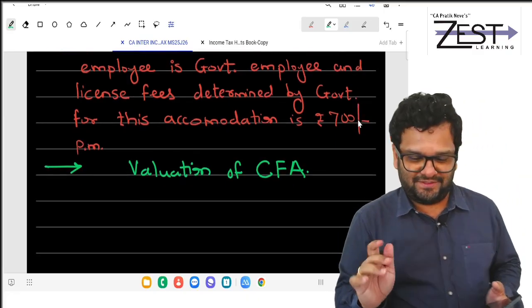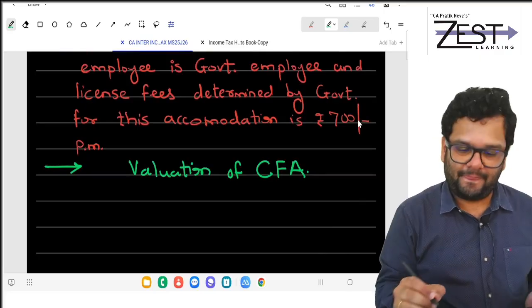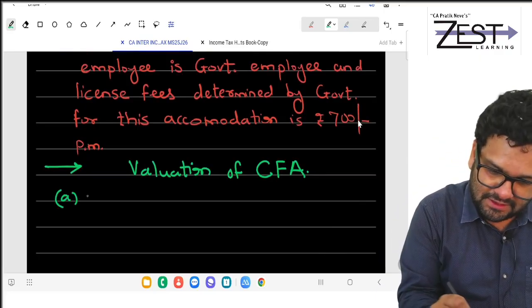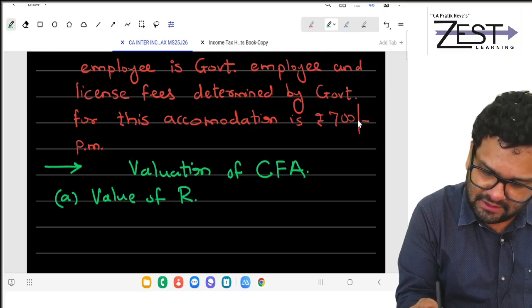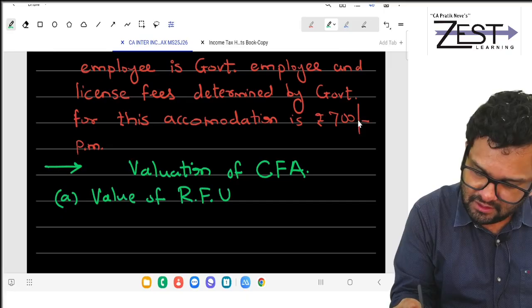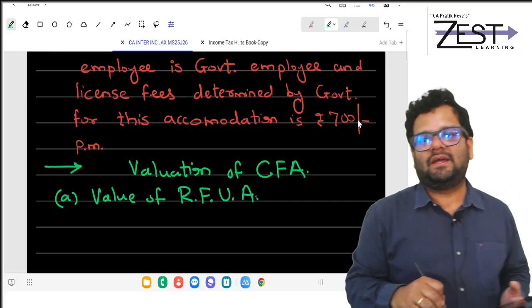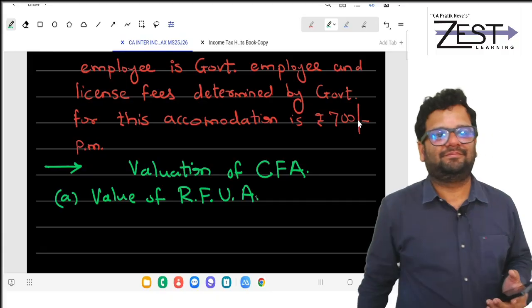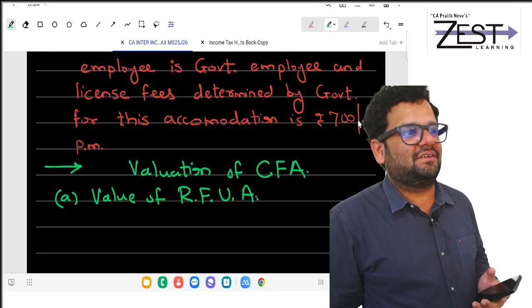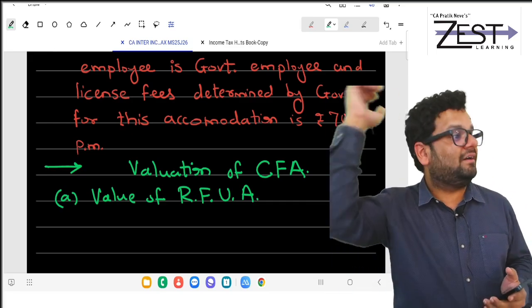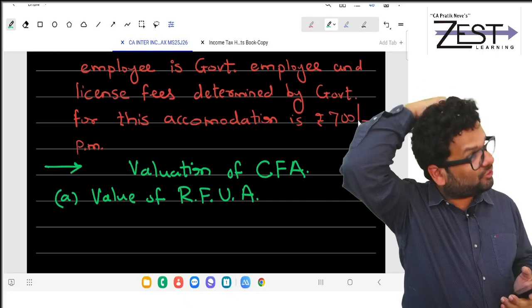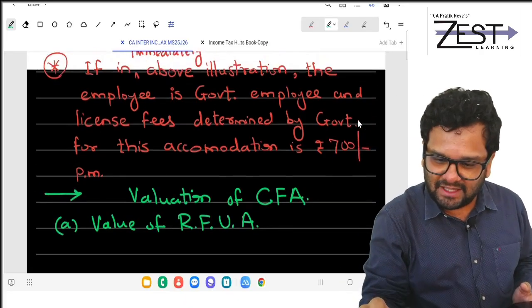What will change? Start with the value of rent free unfurnished accommodation. Only this exactly is going to change.